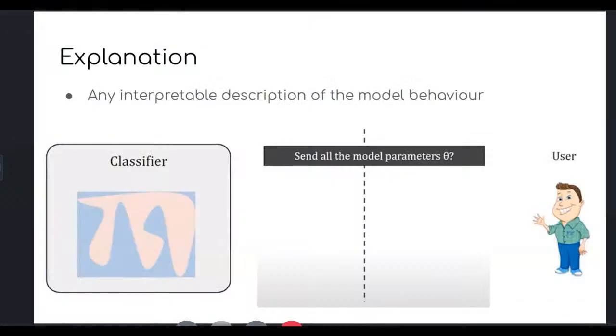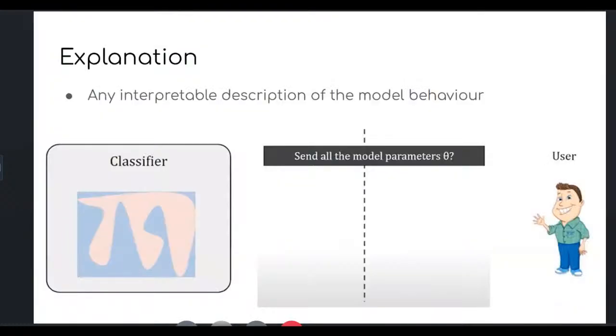And send many example predictions. Okay, I'll repeat. Sending all the model parameters, is it an explanation or not? In the case of linear regression and logistic regression, if the model gives away the parameters m and c, the user can understand some information, right? What information? How much he needs to increase x to get a particular increase in y, right? As I explained, if m is equal to 10, if we change x by 1 unit, the y will change by 10 units.